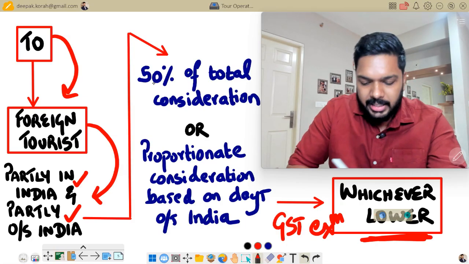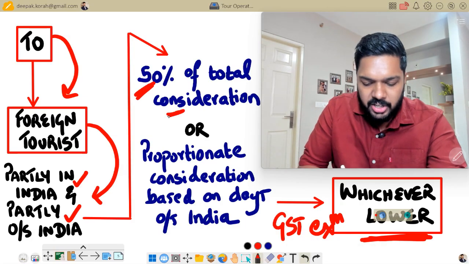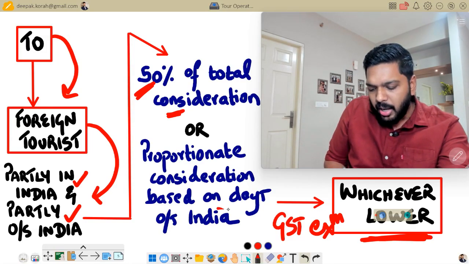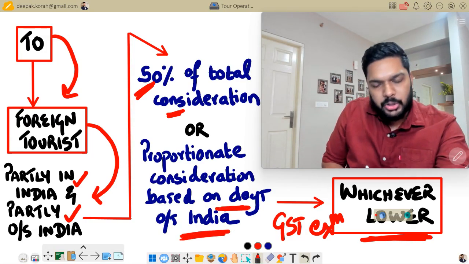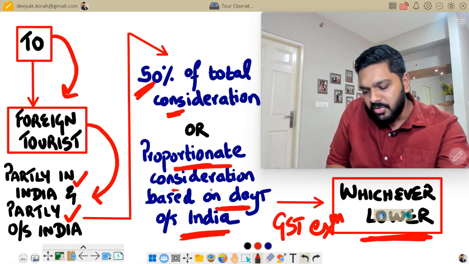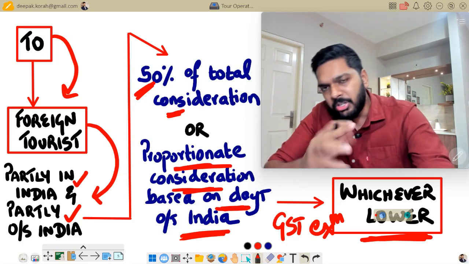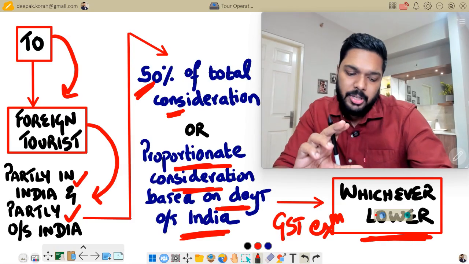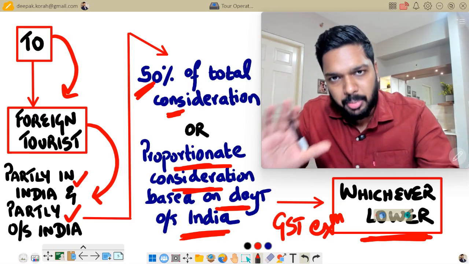Either you take 50% of the total consideration charged by the tour operator, or for the number of days spent outside India on the tour, you calculate the proportionate consideration. Calculate both, whichever is the lower amount, that will be the amount on which GST will not apply.